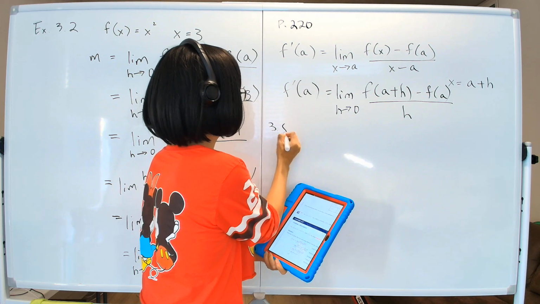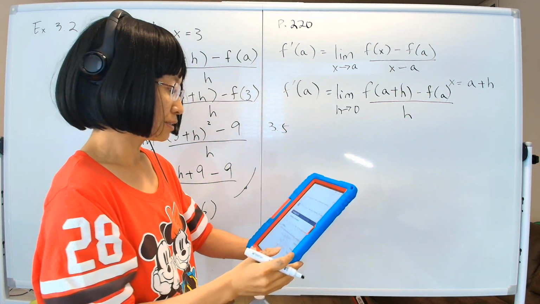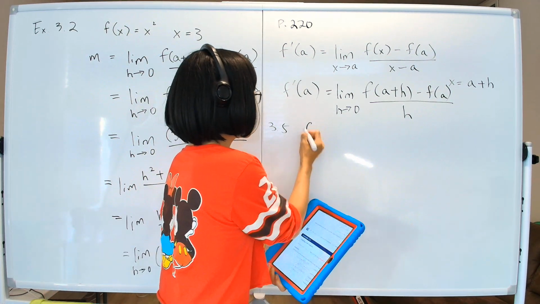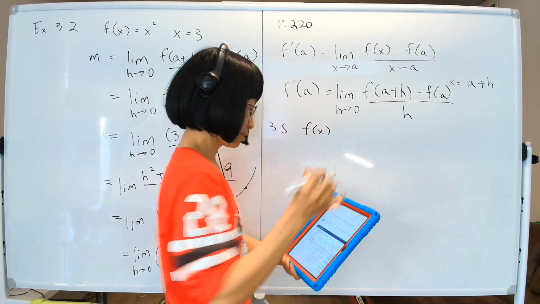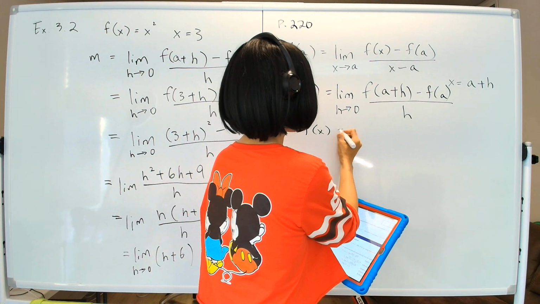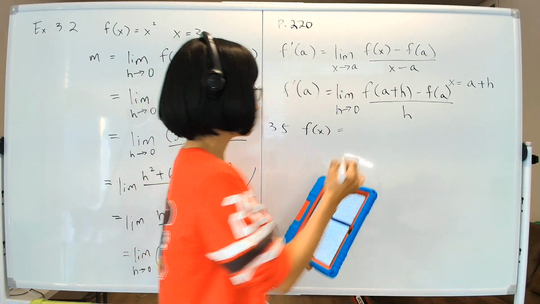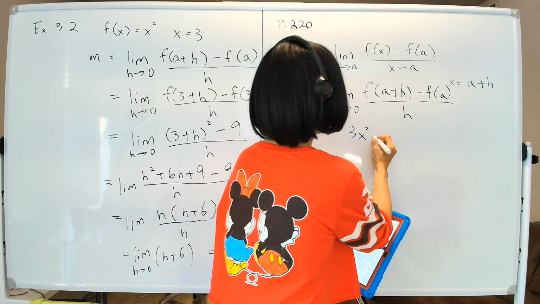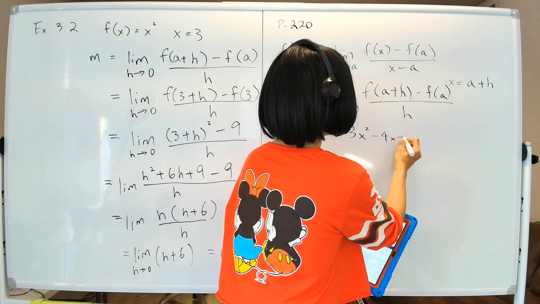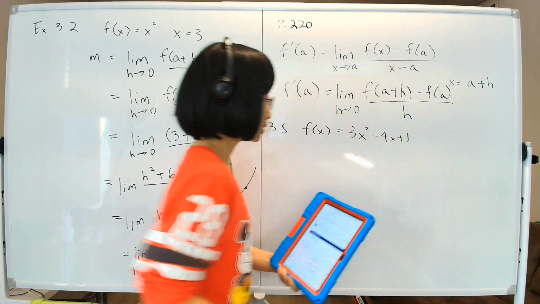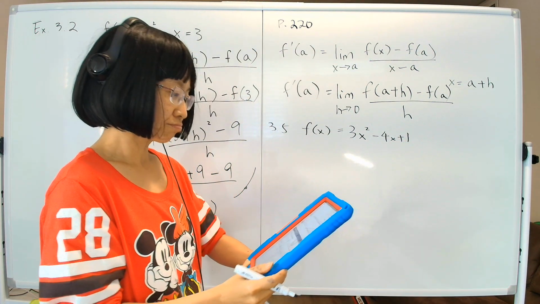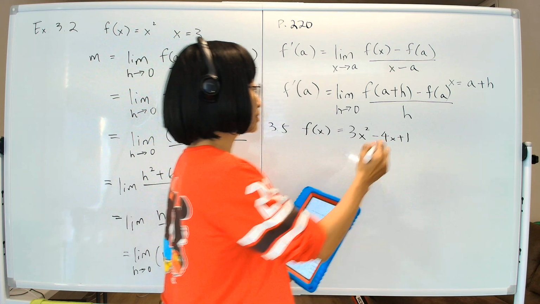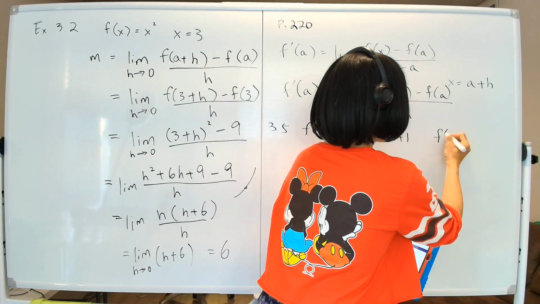We have a function, 3x squared minus 4x plus 1, which is just a generic quadratic. And then you're supposed to find the derivative at 2.